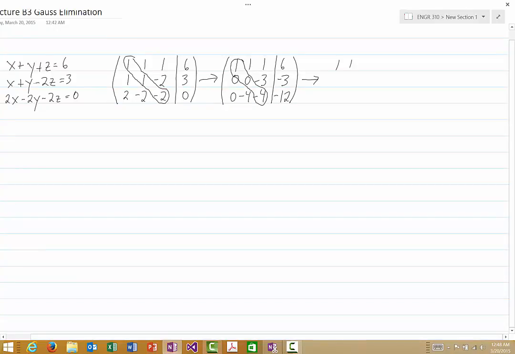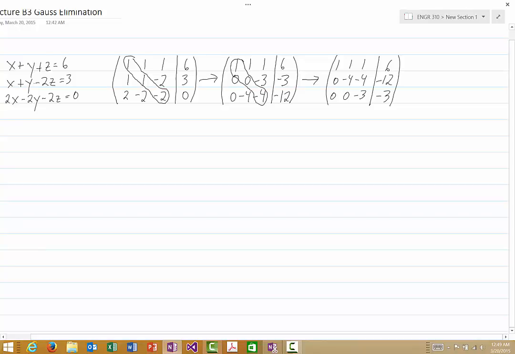So let's do that. We have 1, 1, 1, 6, and 0, negative 4, negative 4, negative 12, and finally 0, 0, negative 3, negative 3. Again, that's obtained by switching the second row and the third row.